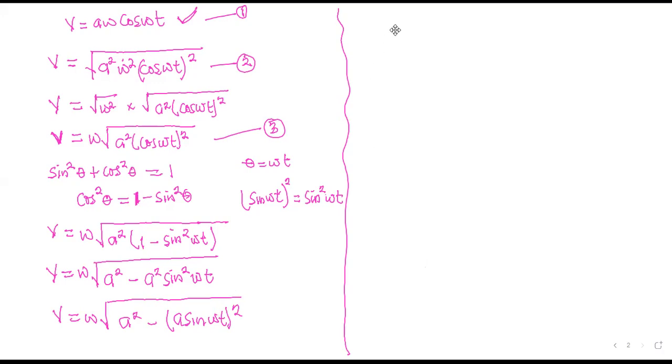Look at how I'm carefully playing around this equation. Now, because I know the displacement equation along the vertical of an oscillating body is y is equal to a sine omega t.